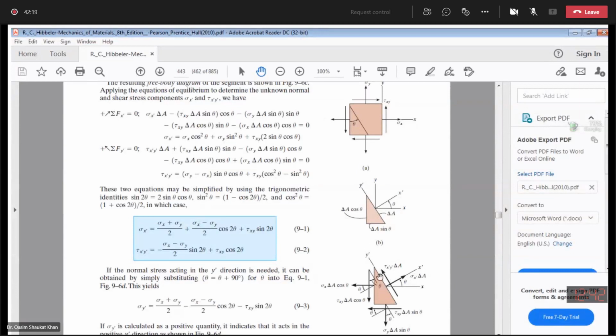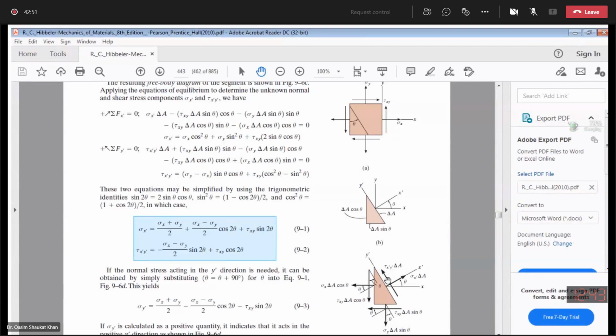You multiply it with the area, because the area along the face is delta A, so you get the resultant shear force. Fine. So this is one figure in which you have the resultant normal force sigma x dash delta A, the resultant shear force tau x dash y dash delta A, and these normal and shear stress forces.